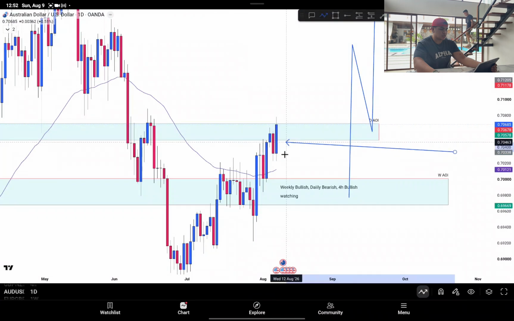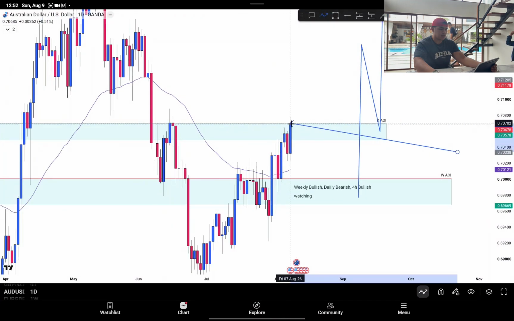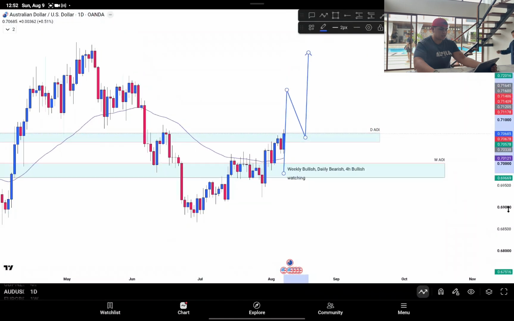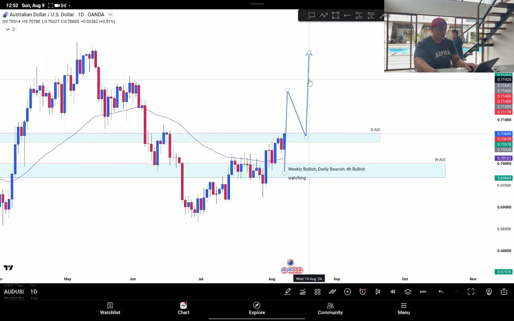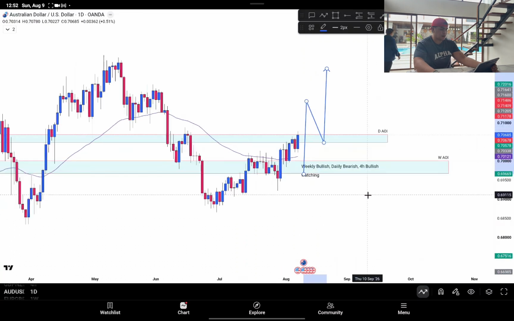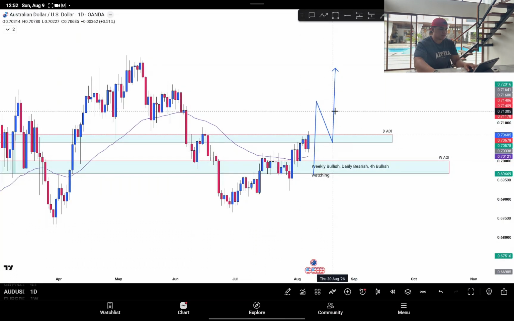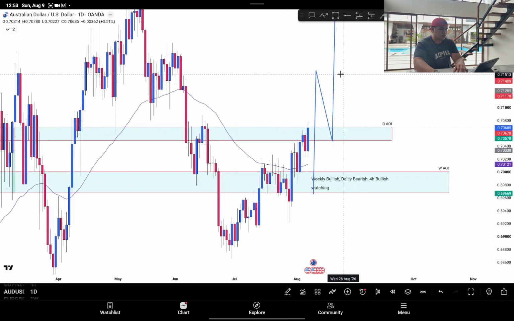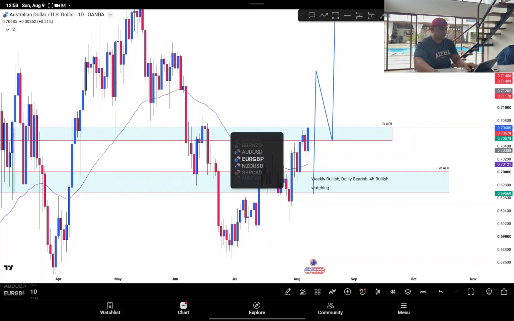So all we have to do is wait for the market to break above, then we will look for buys. Just be patient waiting for the breakout, and we don't hesitate to execute this pair. Once the market breaks this potential resistance, that will be our confirmation that the market is shifting into a bullish trend.